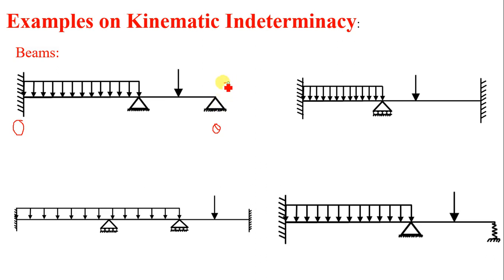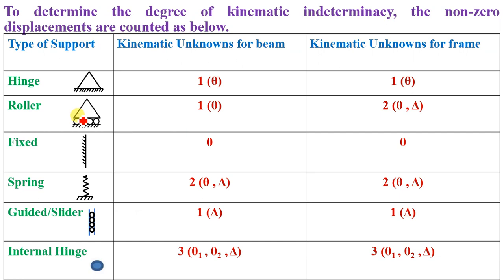If you name this support as C and this is B, then there will be one slope at C and one slope at B. So total degrees of freedom offered by the supports for this particular beam is equal to 2. Hence we can write the degree of kinematic indeterminacy for this particular beam is equal to 2, namely theta B and theta C.